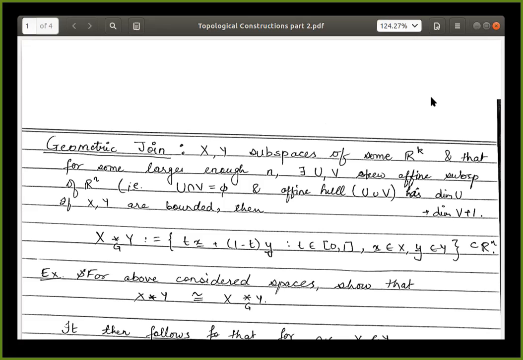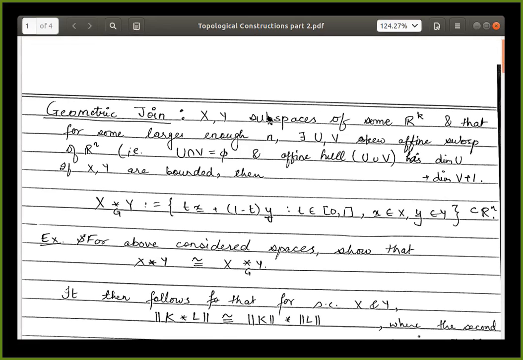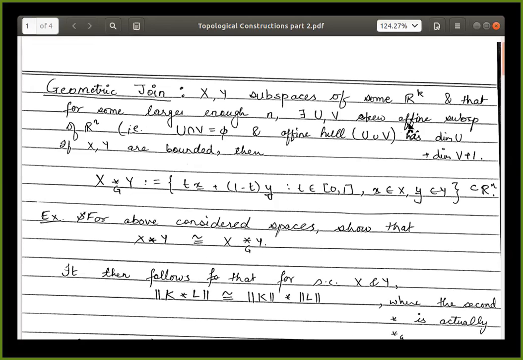And now we see how we can do a geometric join. For two subspaces X and Y of R^k, suppose there are some spaces U and V which are skew affine such that they sit inside some big enough R^n. Skew affine means that their intersection is empty and their affine hull has dimension dim U plus dim V plus 1, that is, it is full dimension.